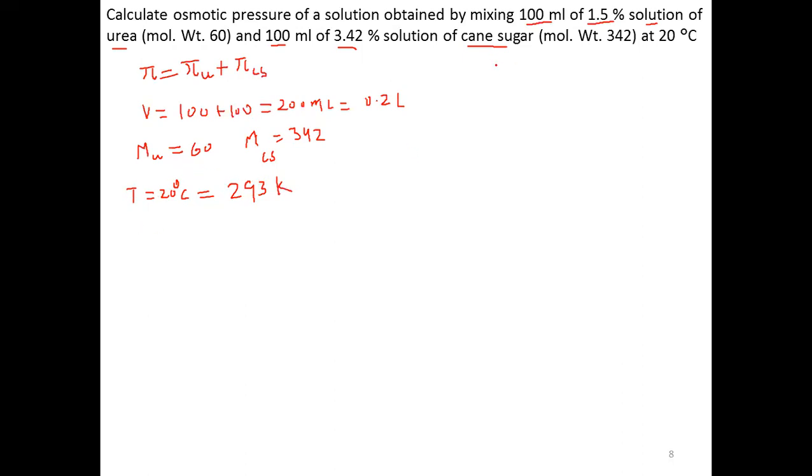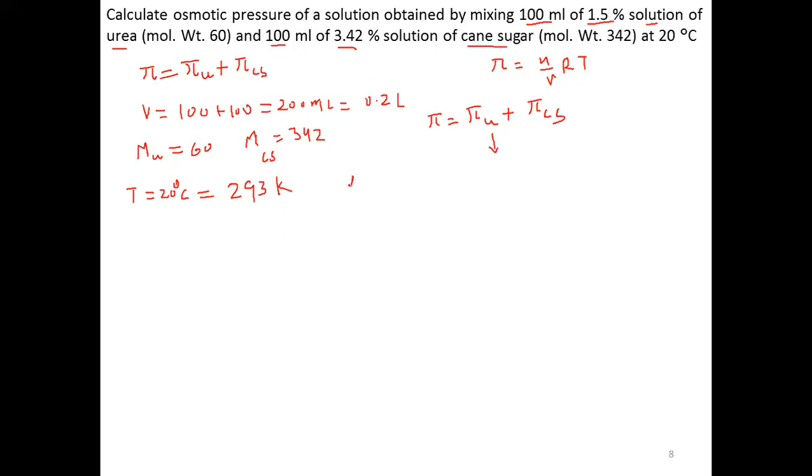Now we have to calculate the pi. What is the value of pi? Pi is equal to N upon V, R T. As we have two components, the total pi will be equal to pi urea plus pi cane sugar. For urea we will use this relation.